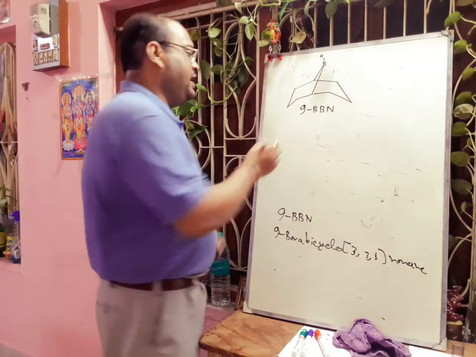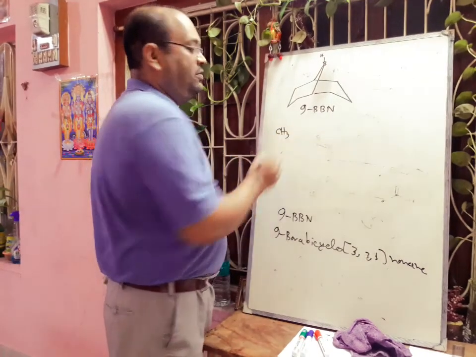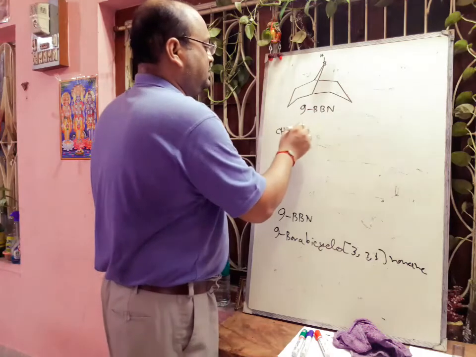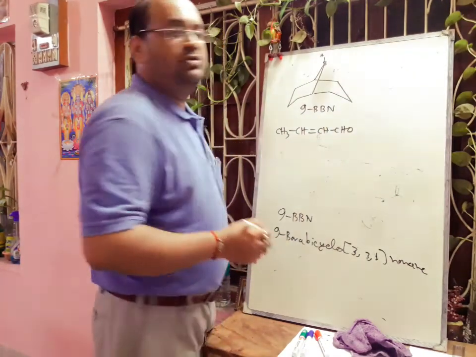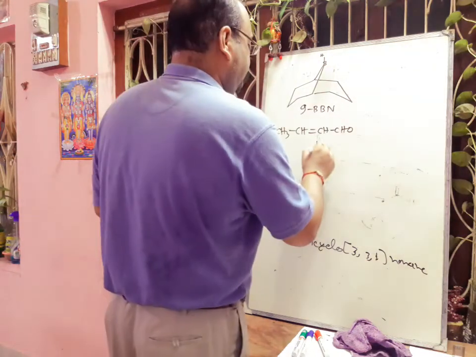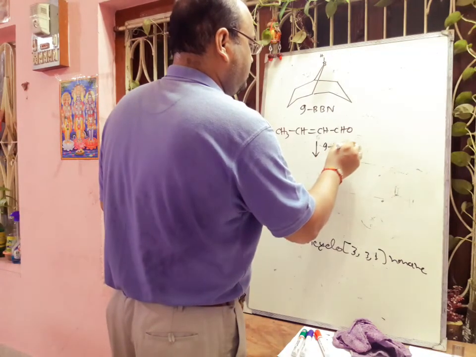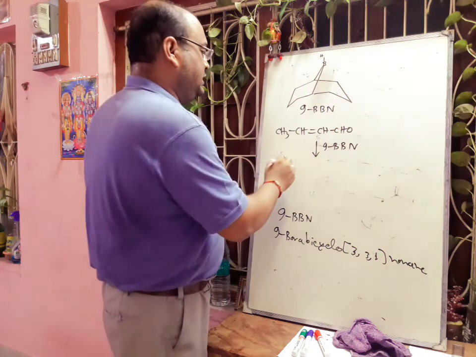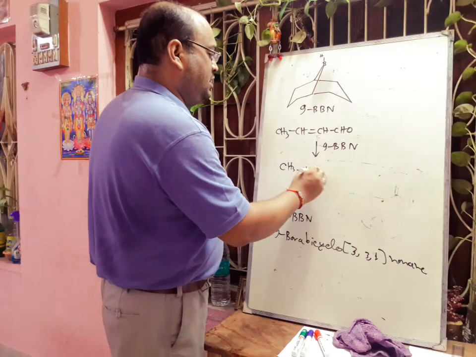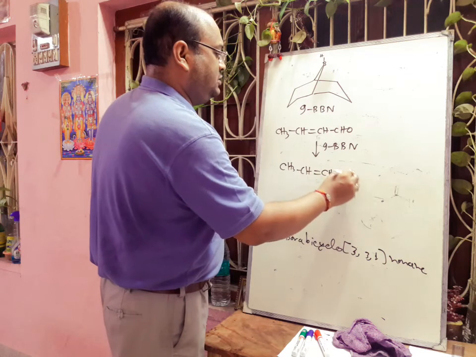So in case of crotonaldehyde, if we use only 9-BBN, here we will get only one product, that is CH3CH=CHCH2OH.